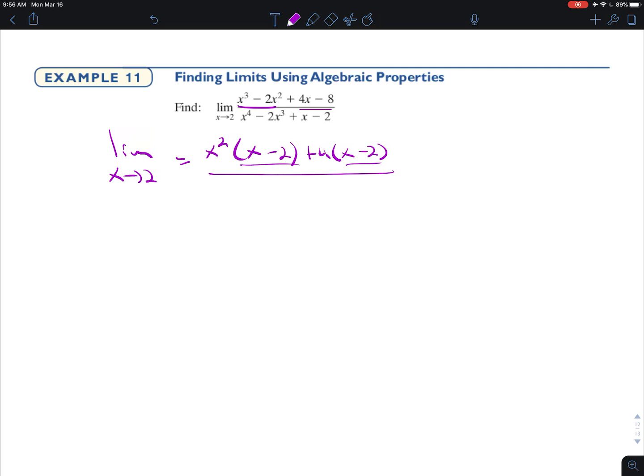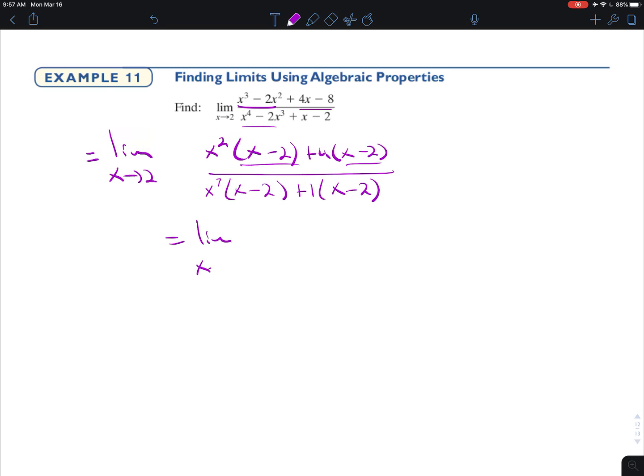Your goal is to get these binomials that are the same. In the denominator, again looking at the first 2 terms, I can take out x cubed and I'm left with x minus 2. Now, there's nothing really to be factored out other than a 1 from x minus 2, but I'll go ahead and do that. If we rewrite this, this is equal to the limit as x goes to 2 of this entire thing.